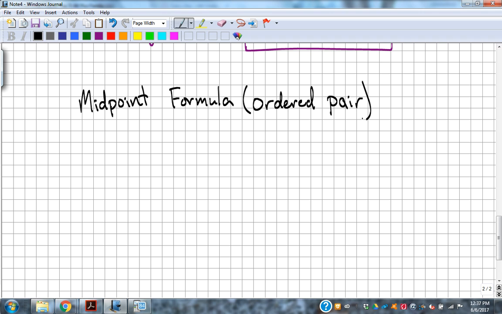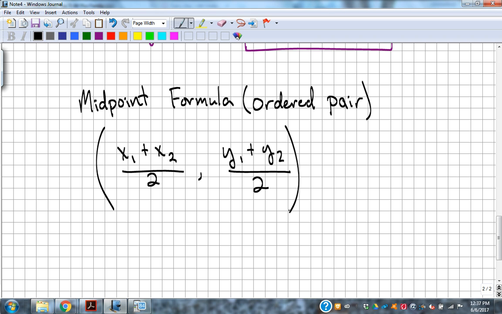So what you do is take your x values, add them together, and divide by 2. You take your y values, add them together, and divide by 2. And that's going to get you the midpoint between any two ordered pairs.